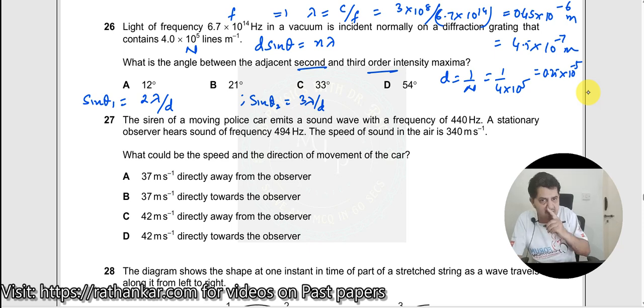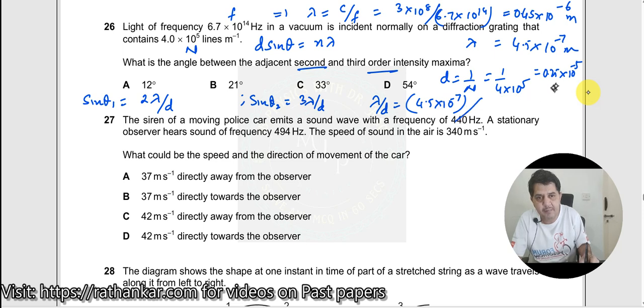So let us find out the value of λ/d also, which becomes easy for me. It is a calculation intensive problem. Lambda we already got, which is 4.5 × 10^-7, divided by the value of d, 0.25 × 10^-5.